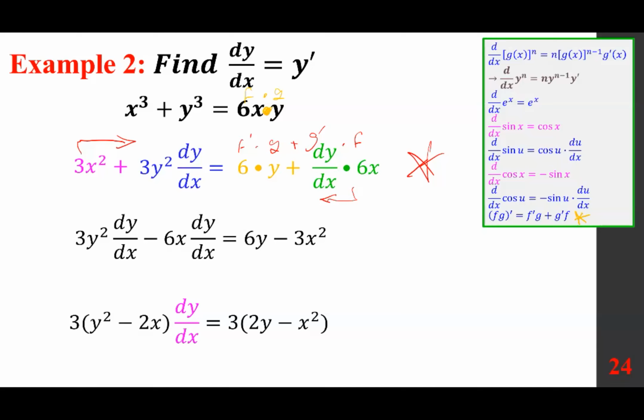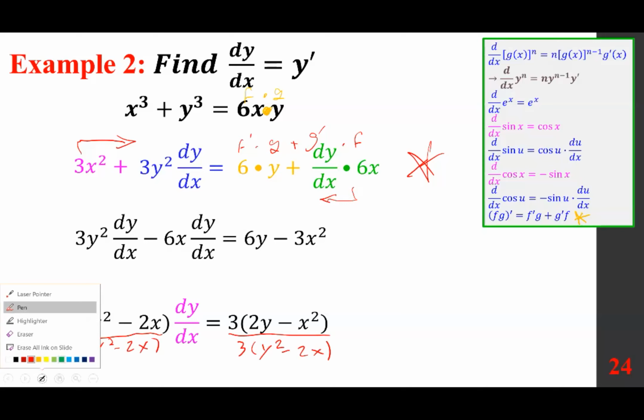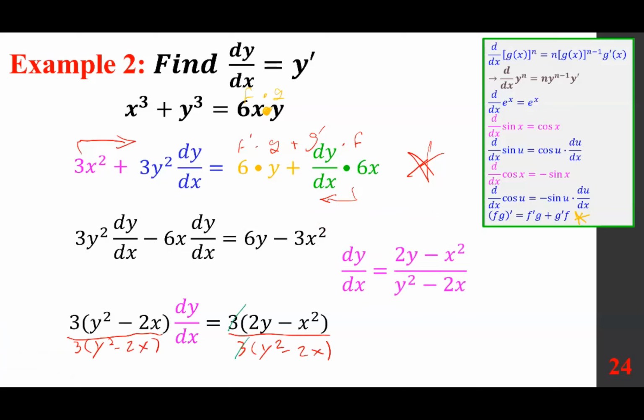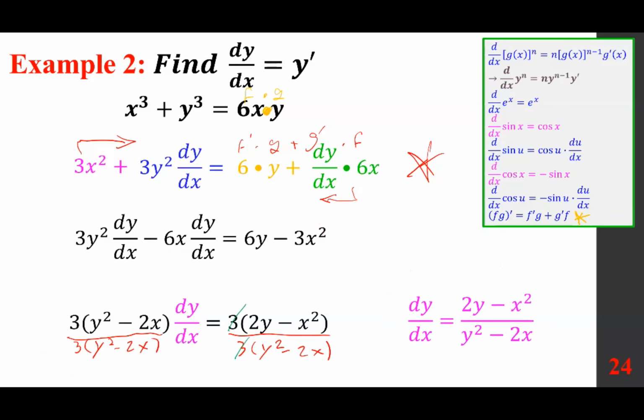So if we divide both sides by 3 times y squared minus 2x, we can cancel out the common factor of 3, and dy dx becomes 2y minus x squared over y squared minus 2x.